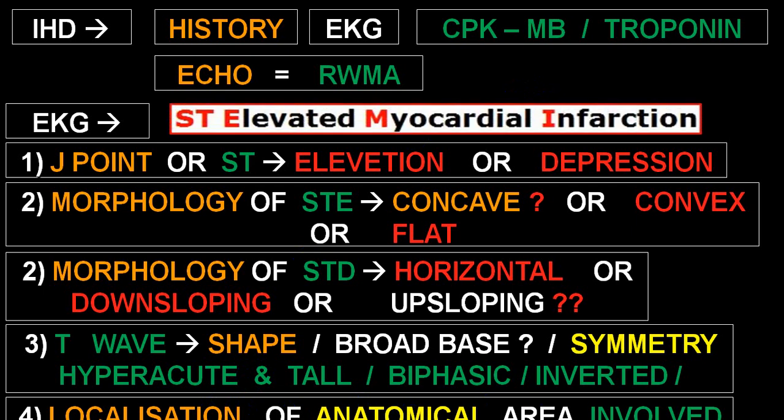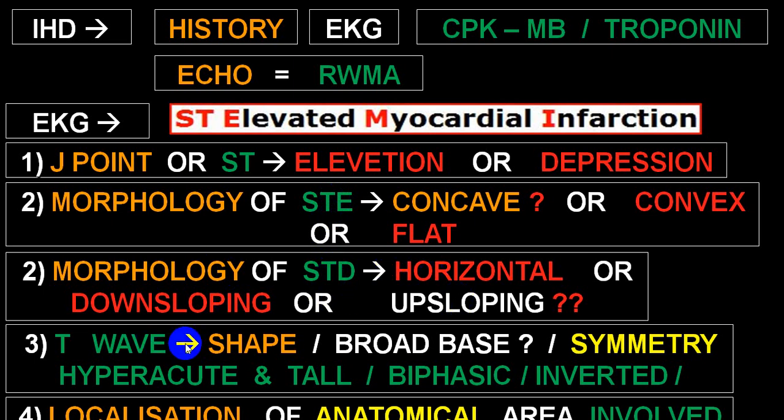So for a STEMI, these are absolutely necessary: you look at the ST elevation or depression, and if there is an ST elevation, what type of ST elevation, the morphology of ST elevation, the severity of ST elevation, etc. And if there is an ST depression, the morphology, whether it is horizontal, downsloping or upsloping.